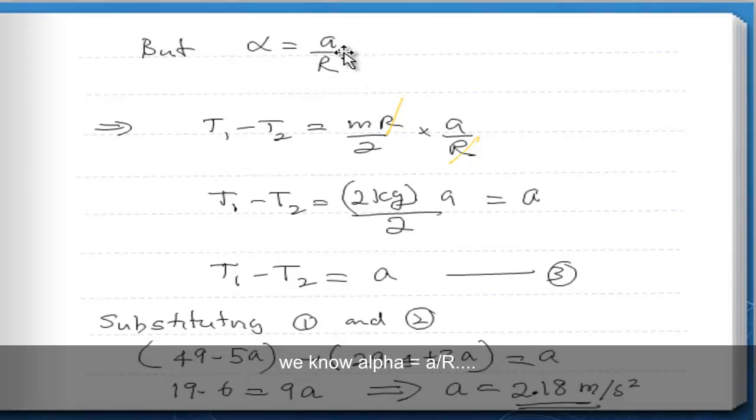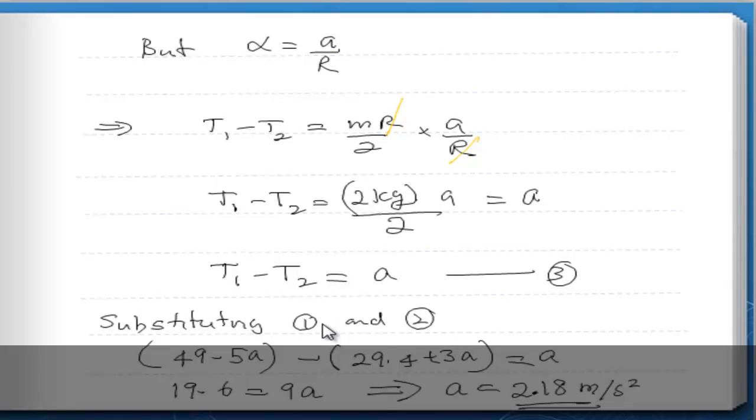So by substituting this value, we get T1 minus T2 equals mr over 2 times a over r. You can see that this r cancels from the equation. So we end up with T1 minus T2 equals 2a over 2, that's a. So T1 minus T2 equals a. So that's our third equation.